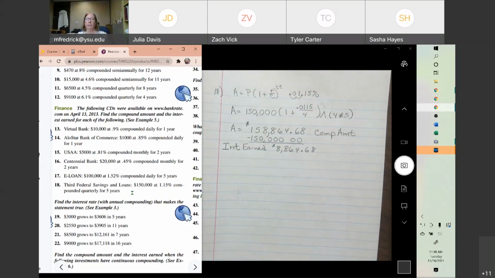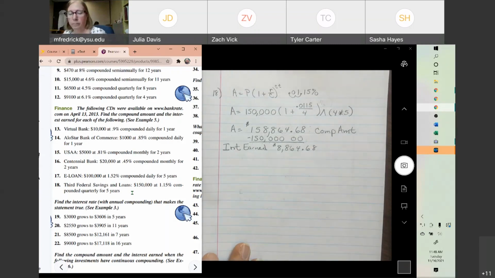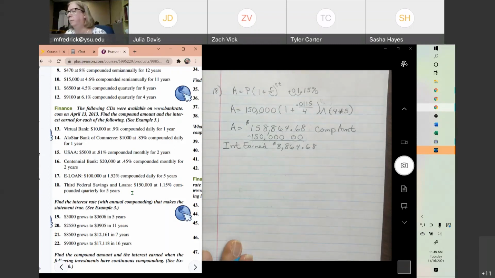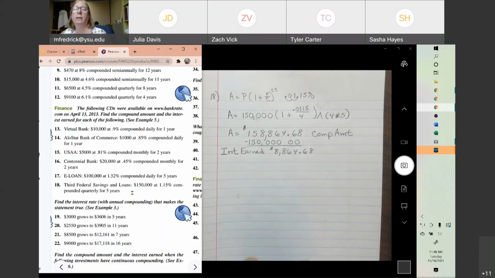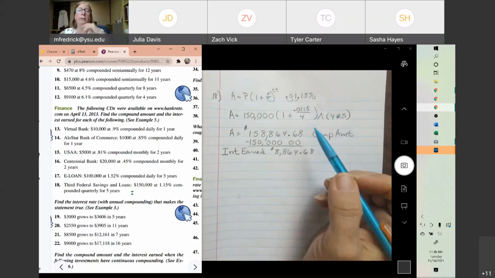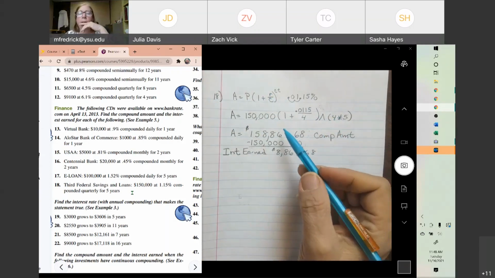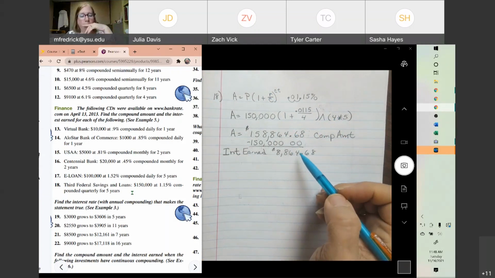So the 150,000 is in the compounded amount. Take it back out, and that's how much interest you earned. Any questions on that? You could use the formula. Oh no, we didn't write a formula for interest, for compounded amount anyways. But any questions on that?